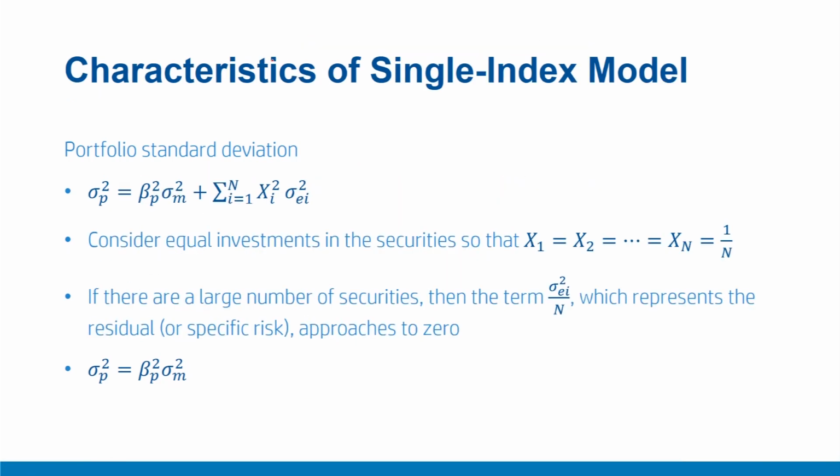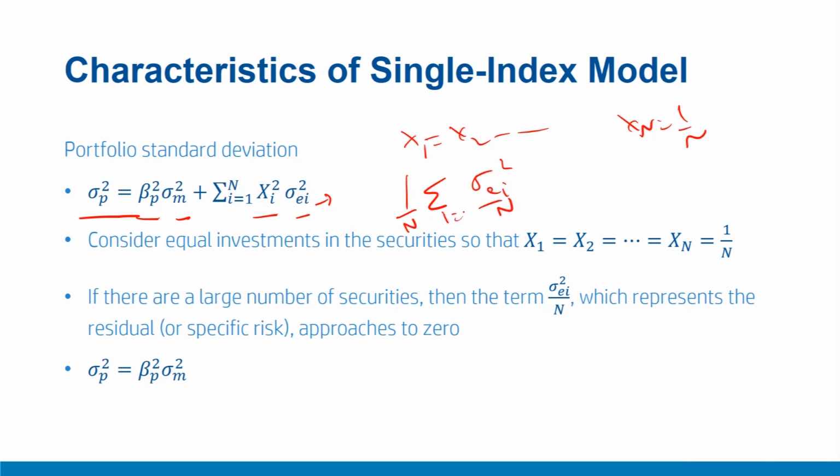Let us carefully examine this expression of portfolio standard deviation. The expression says sigma p square is a function of beta p, sigma m and xi square sigma ei square. If you assume that there are large number of securities and equal amounts are invested in them, that is x1 equal to x2 and so on equal to xn equal to 1 upon n, then I can further simplify this expression as 1 upon n into summation of sigma ei square upon n, i equal to 1 to n.